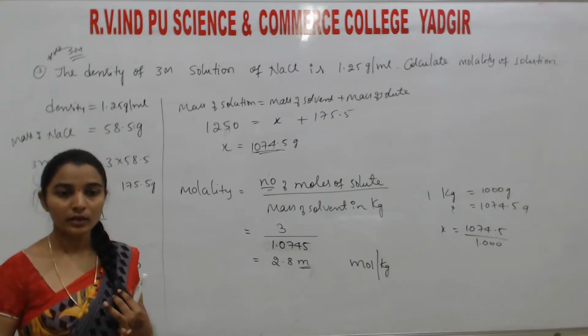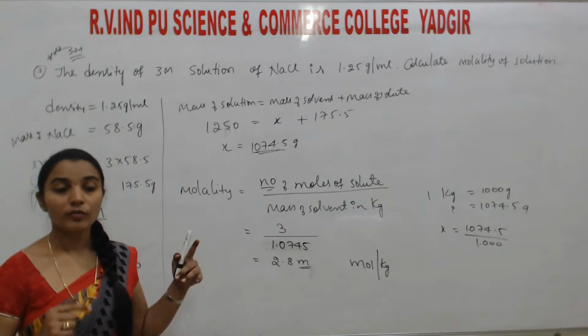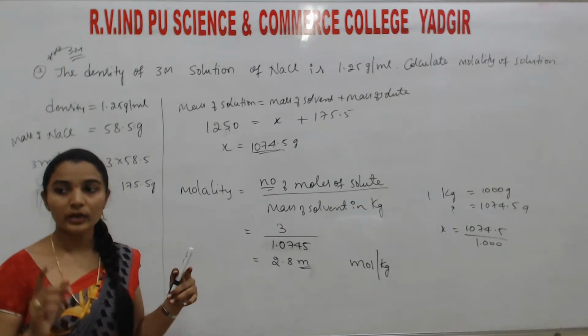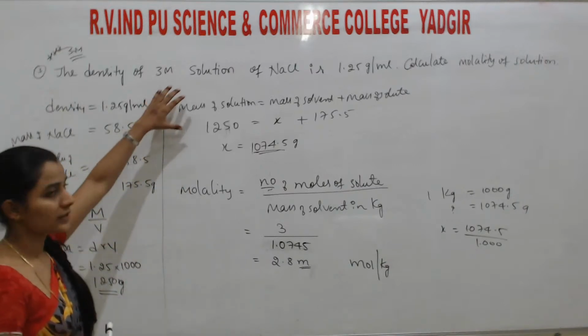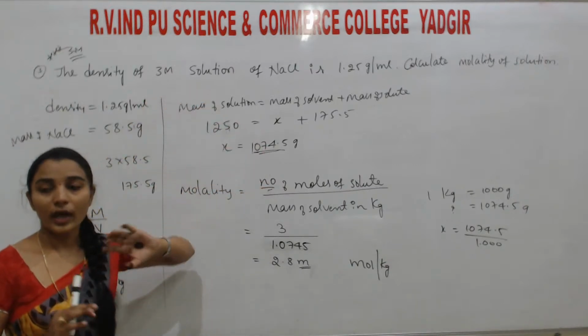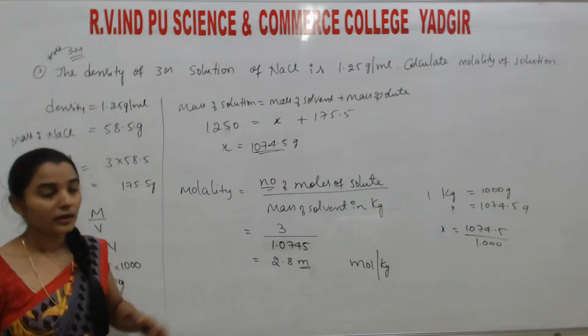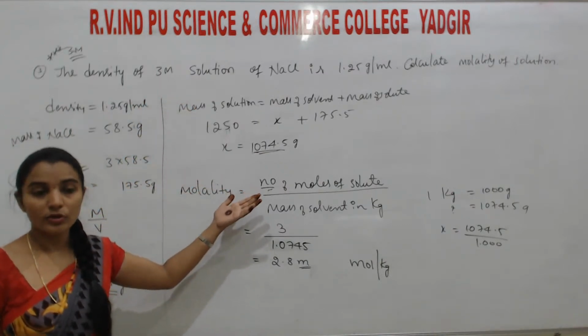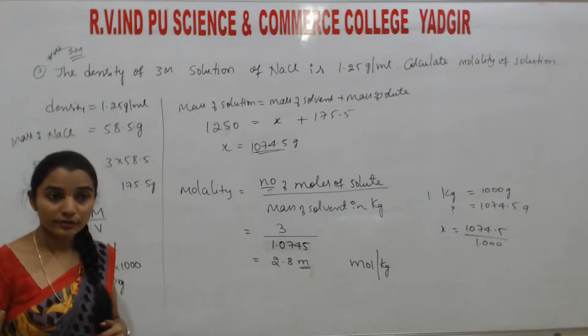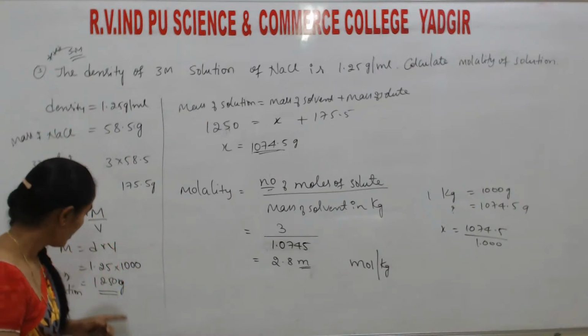Unit of molarity, mole per liter. Unit of molality, mole per kg. Understand? Initially they given like this. As I told you, they won't ask directly. Here they given density instead of giving the mass of the solvent. Correct? This is the way.